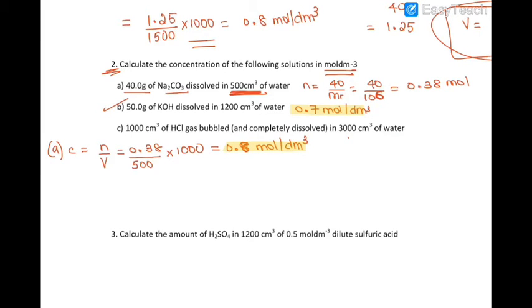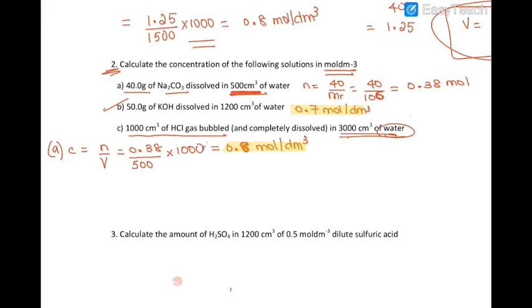I'm going to try to do part C now. So part C, it's a bit different here because you're given the volume of HCl gas, which is completely dissolved in 3000 centimeter cube of water.